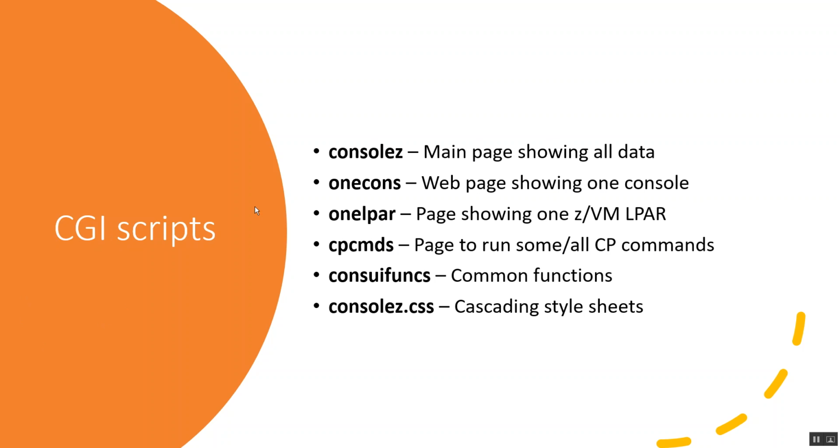The CGI script, consolez with a Z, is the main page. That's the one you're going to want to bookmark. And then it's pretty lightweight. There's onecons, which shows a web page showing a single console, onelpar showing all of the user IDs who have console data saved, CP commands to run CP commands, common functions, and some cascading style sheets.